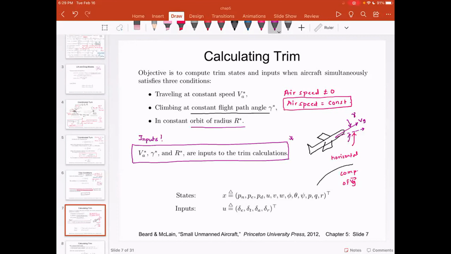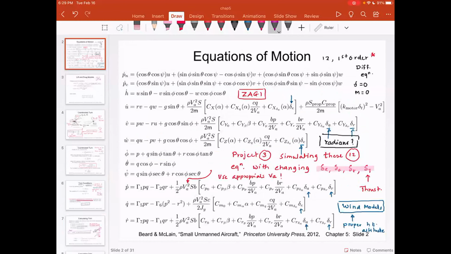And in project 4, we are going to study the trimming. If you look at these equations of motion, we will substitute those three variables as constant.